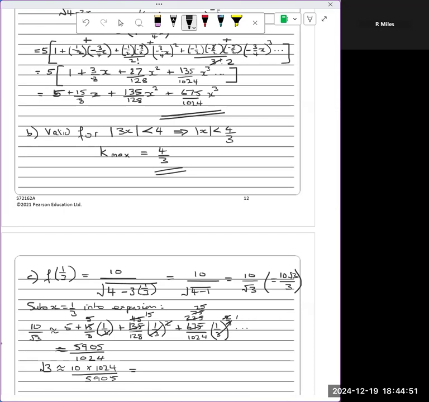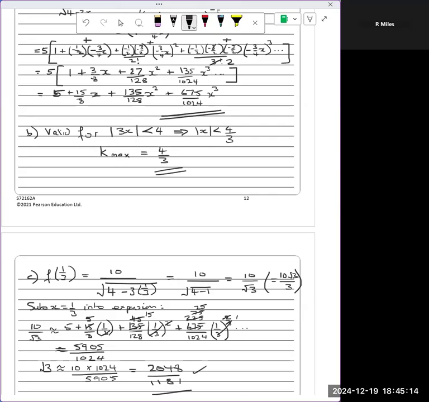So 10 times 1024 divided by 5905 is 2048 over 1181. And that is one of the answers in the mark scheme.